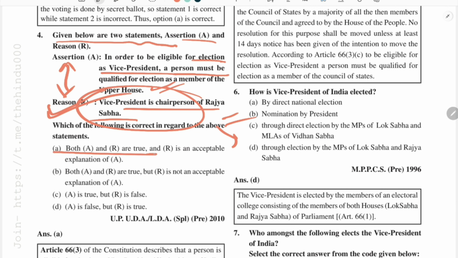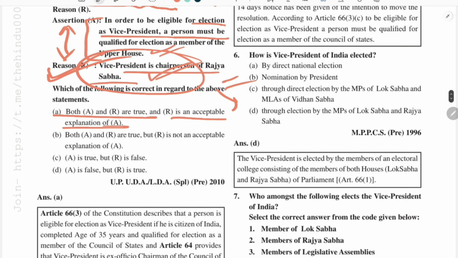So both A and R are true, and R is an acceptable explanation of A. As both statements are related to Rajya Sabha, he must be qualified for election as a member of Rajya Sabha, and by virtue of sitting on that position, he is indirectly the chairperson of Rajya Sabha. So that makes this statement correct, and it is an acceptable explanation of A. The answer is A.